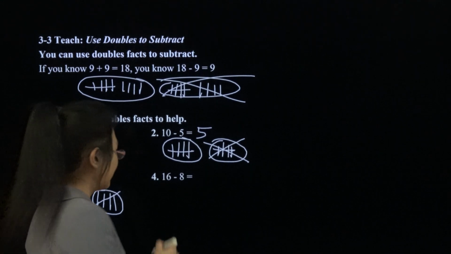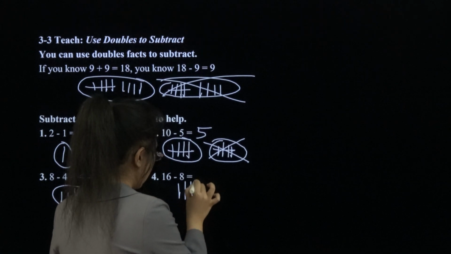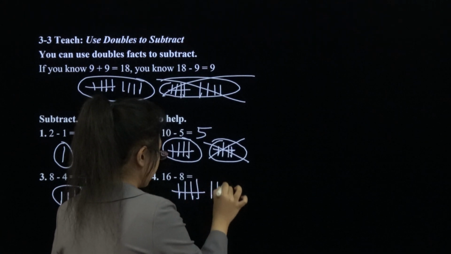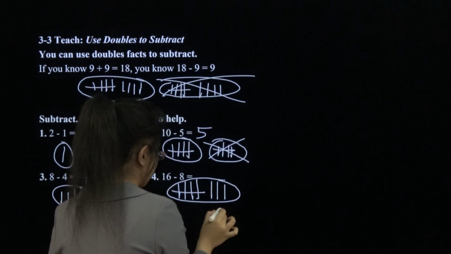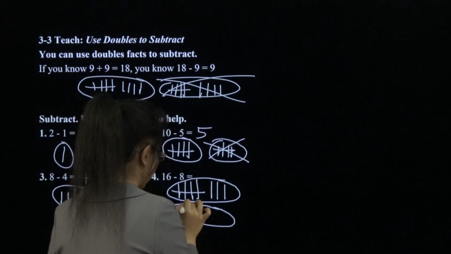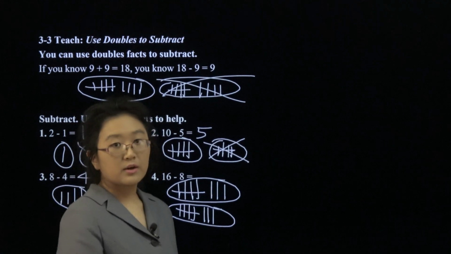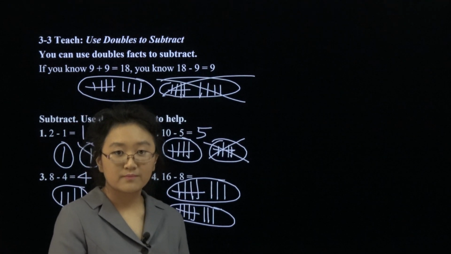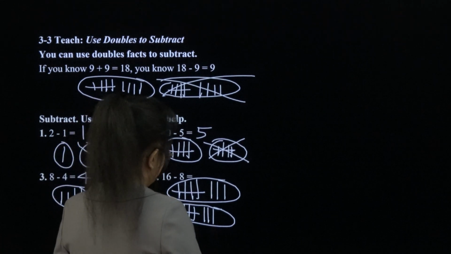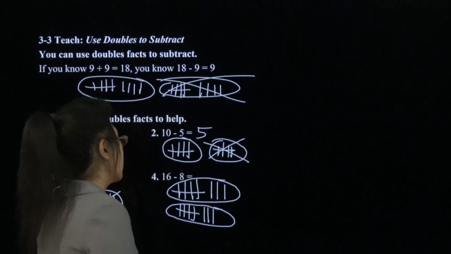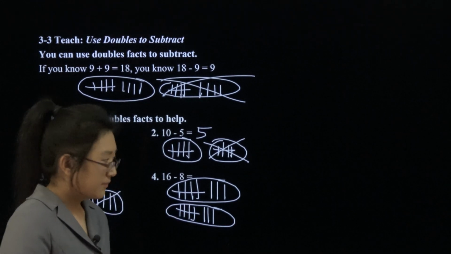Now 16 minus 8. If you memorized your addition facts, you would know that 8 plus 8 equals 16. Now, let's just say 8 hot dog buns.